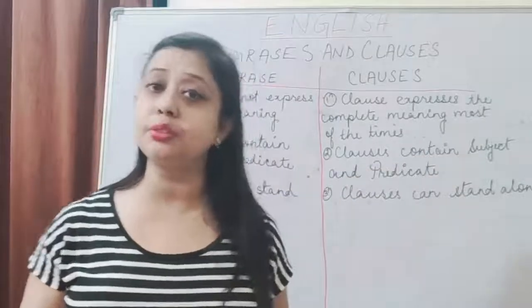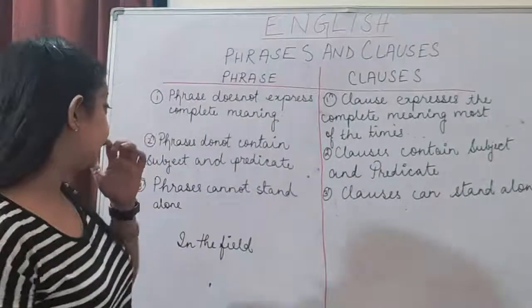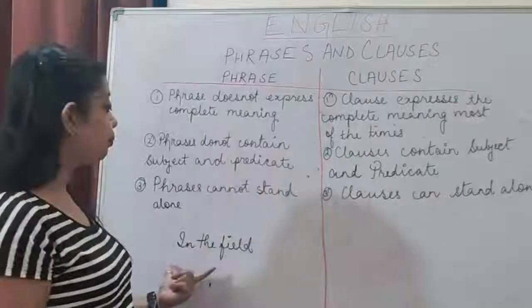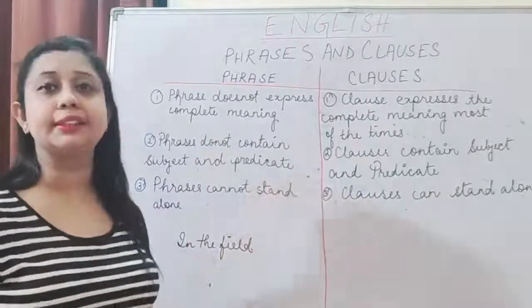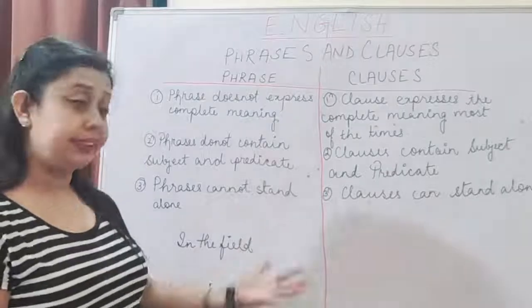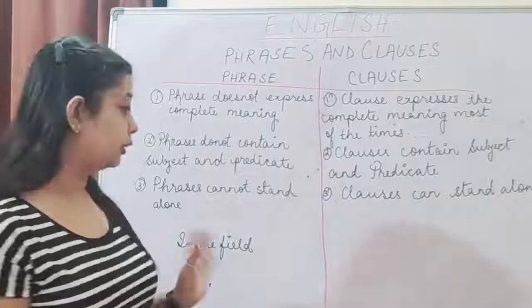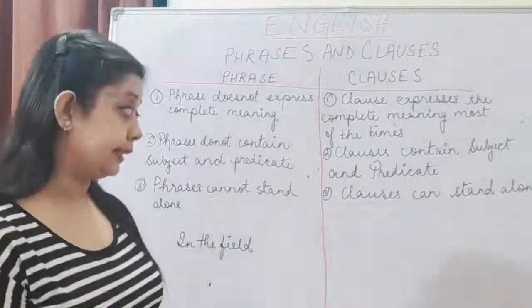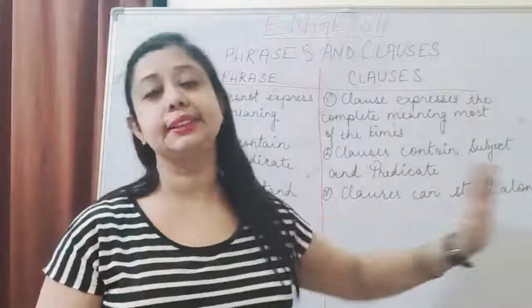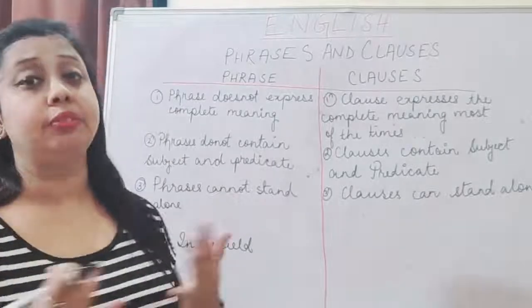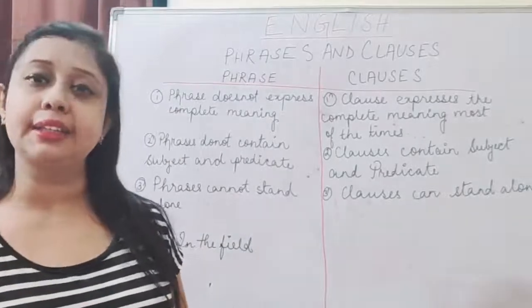We have already proved that, isn't it? Next, phrases cannot stand alone. I cannot simply write in the field and say my sentence is complete. I shall need another part. So, it cannot stand alone. You cannot simply write this as a sentence. Clauses can stand alone. That means without adding the phrase, still we can write a clause.